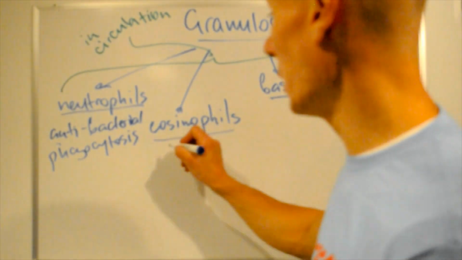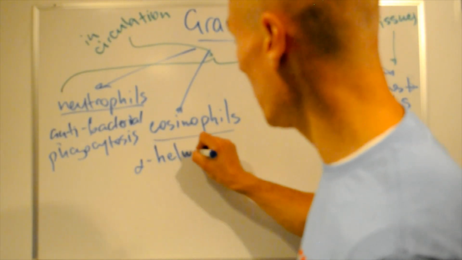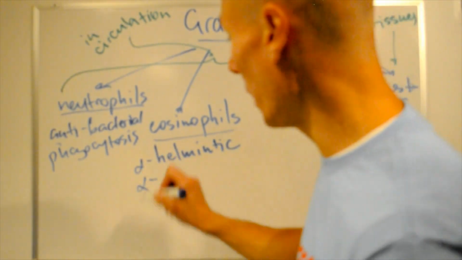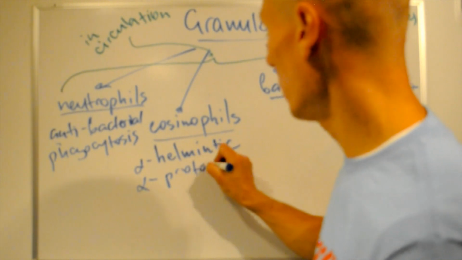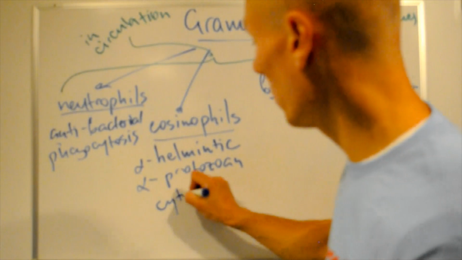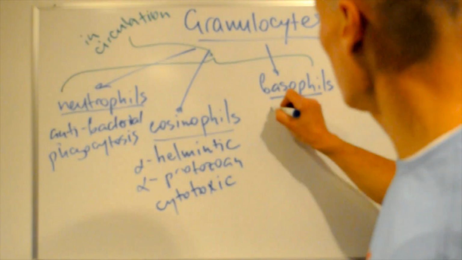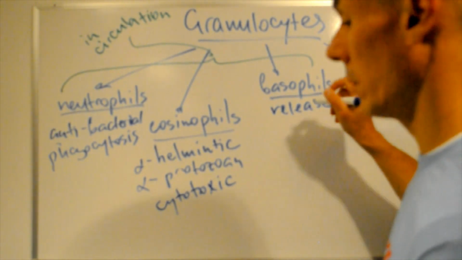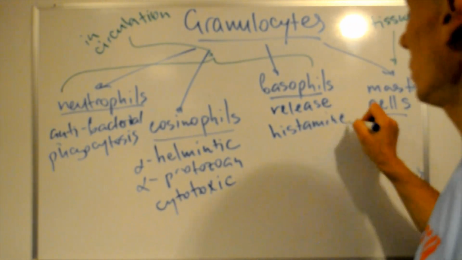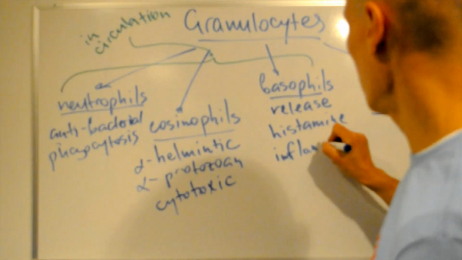Eosinophils are cytotoxic. They are anti-helminthic and anti-protozoan. Basophils release histamine, which is an essential inflammatory mediator, so inflammation.